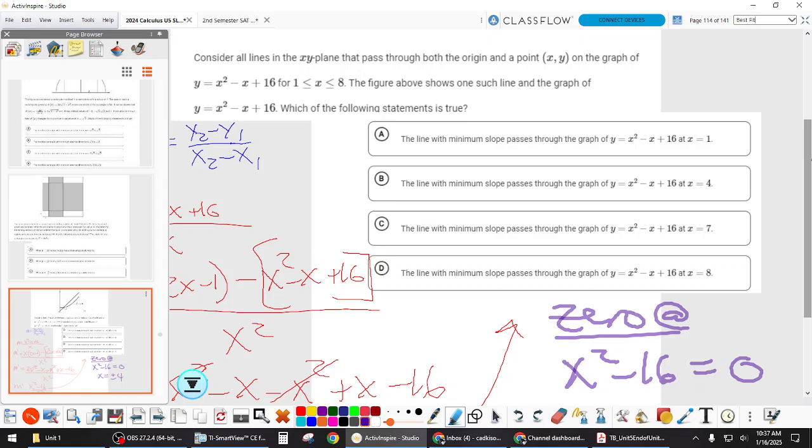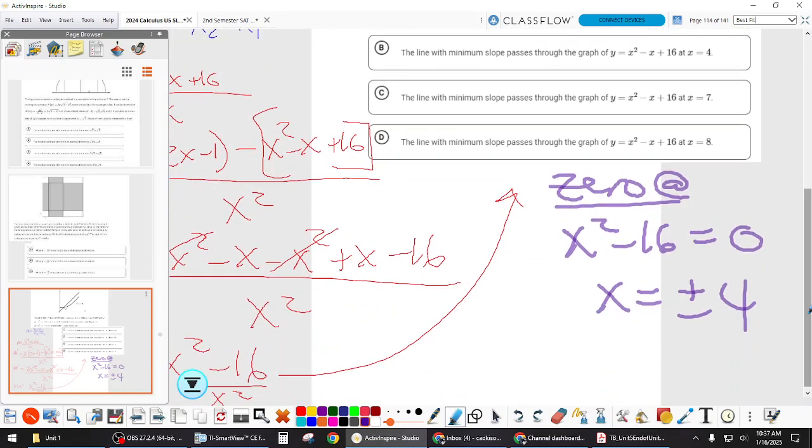But before we answer this, we need to know for sure that that's a minimum. Can we be sure? Should we just assume that it's 4, or should we know for sure that it's a minimum? It depends on the environment. If this is the test and I'm not checking anything, I'm just going to go with it, since there's a 4 in the answer. But what kind of graph would this look like, do you suppose? X squared minus 16 over x squared.